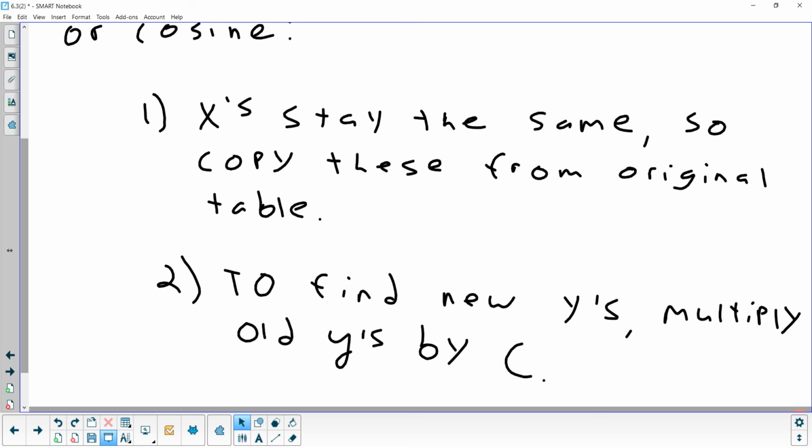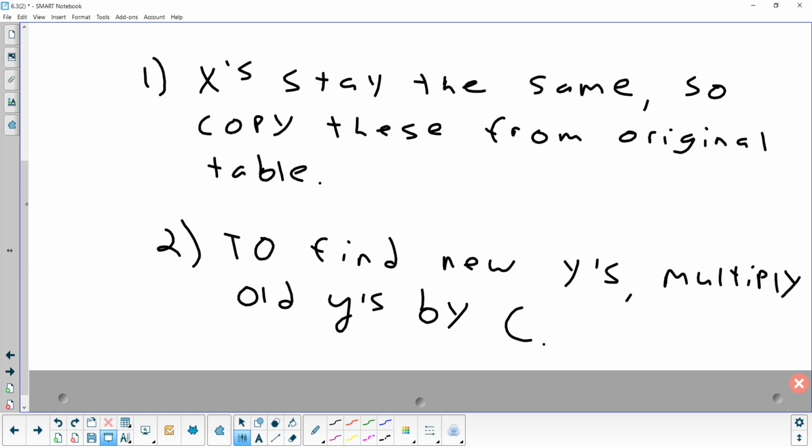Don't take the absolute value of the number, just use the number the way it is. Okay, so we'll try a couple examples of sketching a vertical stretch or compression.